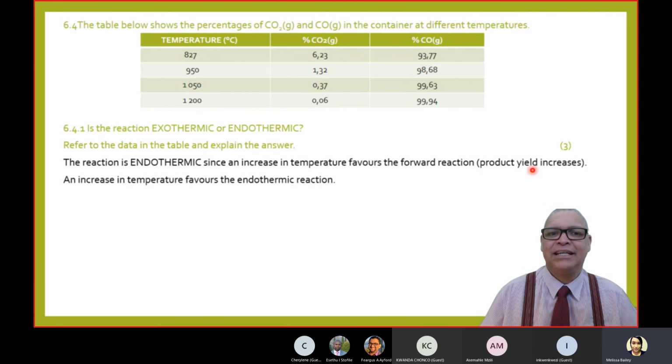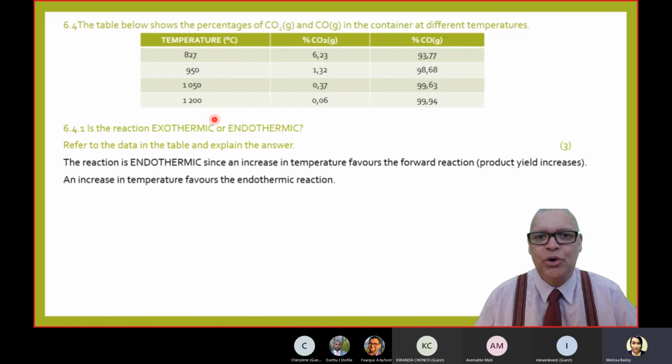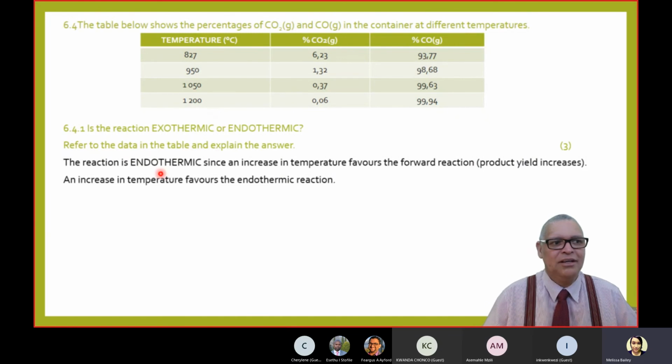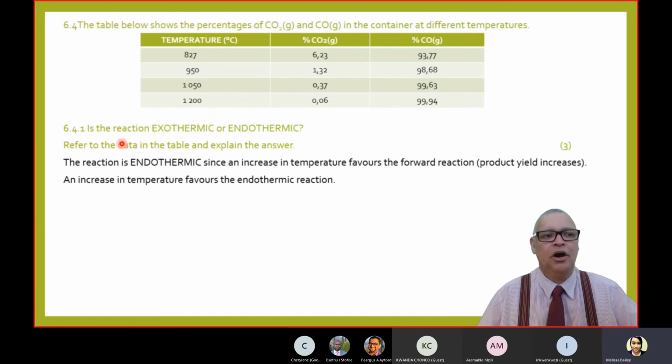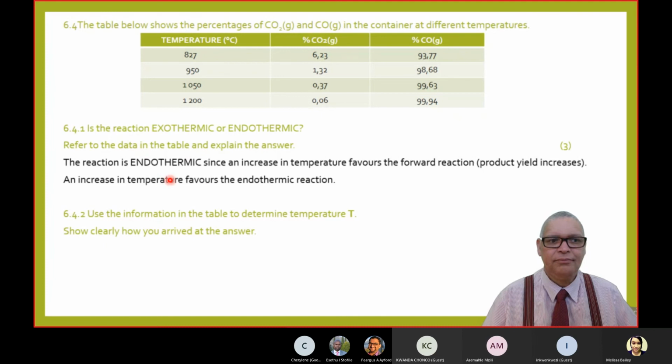In other words, the product yield increases. So an increase in temperature favors the endothermic reaction. Because the temperature was increasing, the endothermic reaction is favored. So the answer to question 6.4.1 is that the reaction is endothermic.